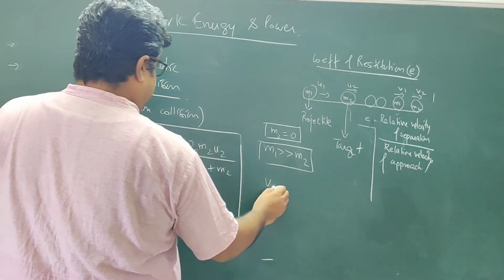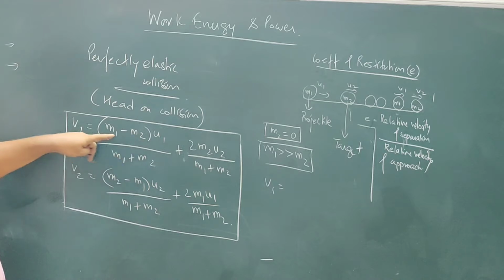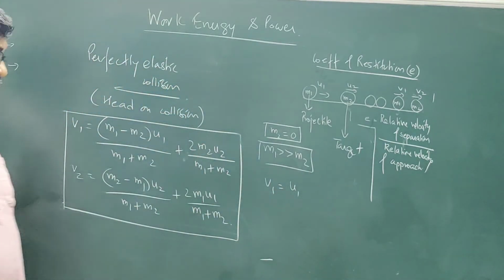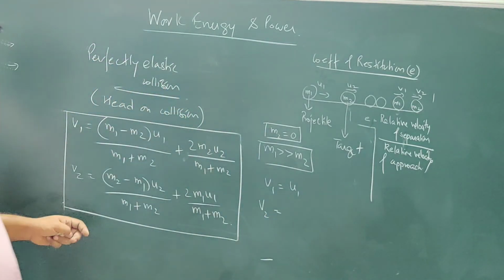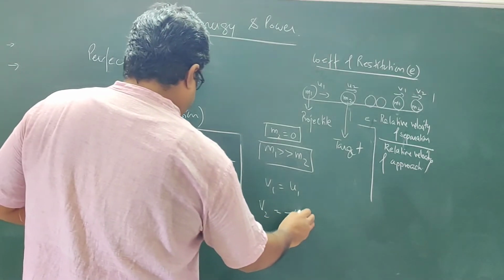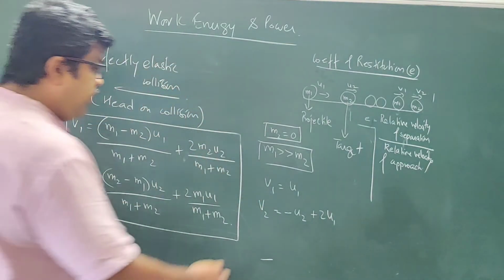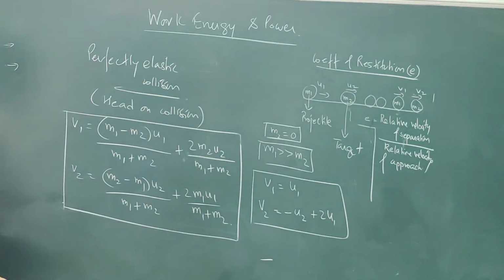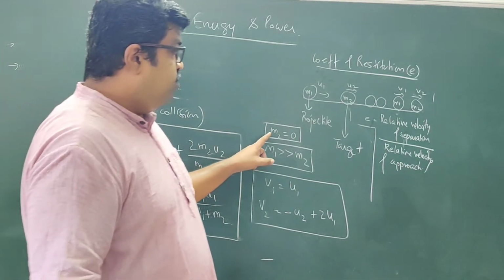V1 will be equal to M1 U1 over M1, so V1 is equal to U1. What happens to V2? With M2 equal to 0, V2 is equal to minus U2 plus twice U1. This is the velocity of the two objects after collision, provided M2 is equal to 0.